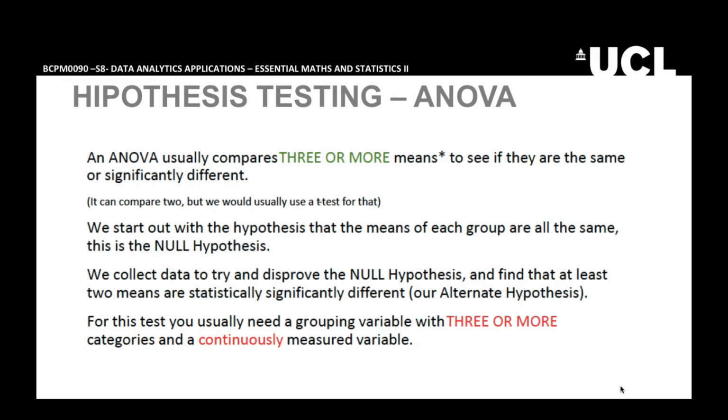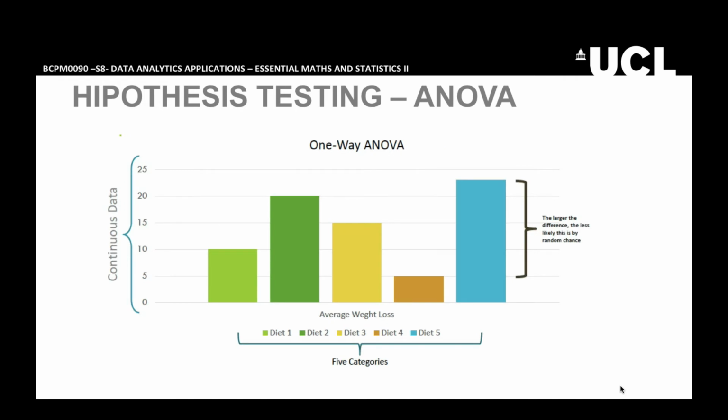are statistically significantly different. So for this test, you usually need a grouping variable with three or more categories and a continuously measured variable. So following the same example as before, now instead of two diets, we can consider five different diets, and see if the differences between these five groups are statistically significant when measuring a continuous variable, which is the weight loss.